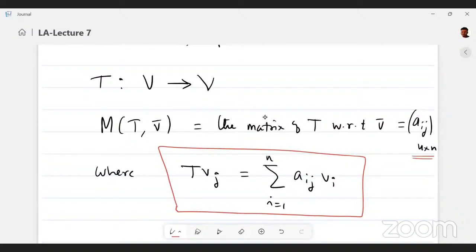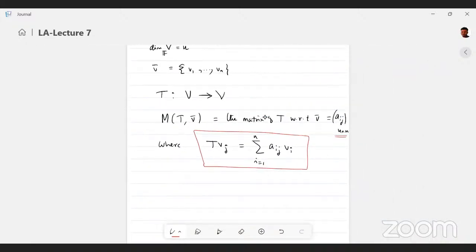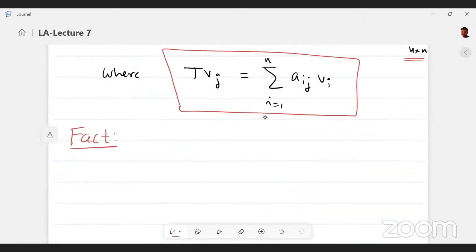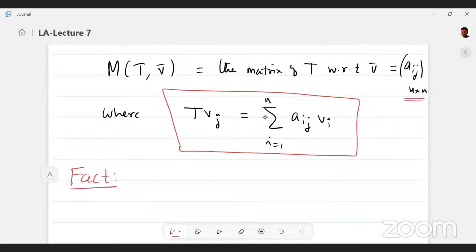So what is the important thing that we proved in the previous lecture? Here is the fact. Let me just state it, because this is something we saw already. Now I want to take another basis, call it W bar, and compare the matrix of T with respect to these two different bases, V bar and W bar.